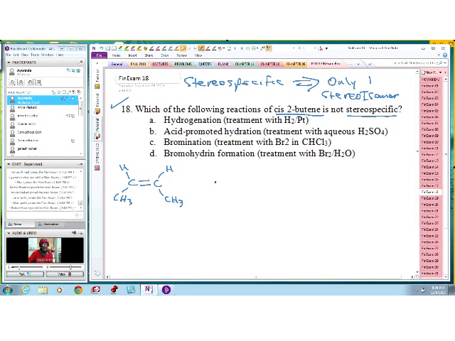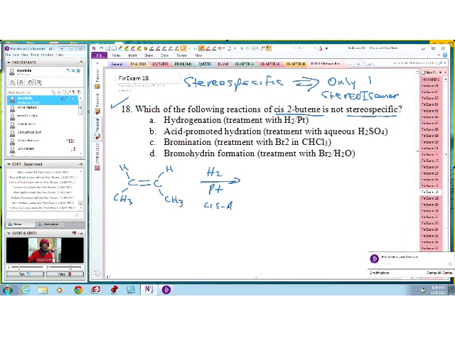And then you are asked to tell whether the reaction with hydrogen and platinum, which we refer to as hydrogenation, is stereospecific. Now, you need to know here that hydrogen in the presence of a catalyst is what we call a cis addition reagent.